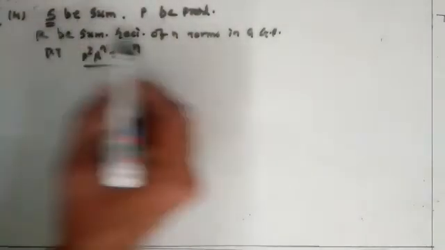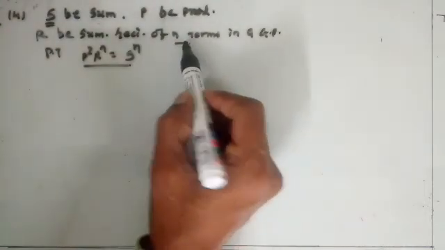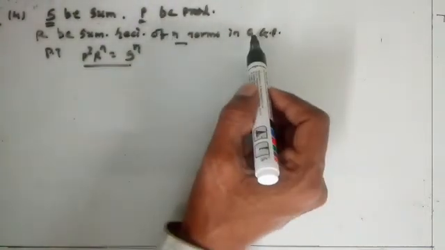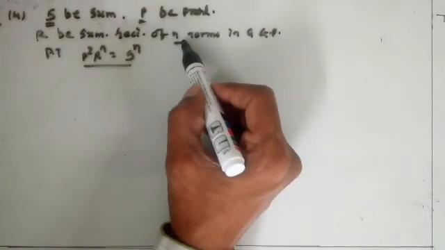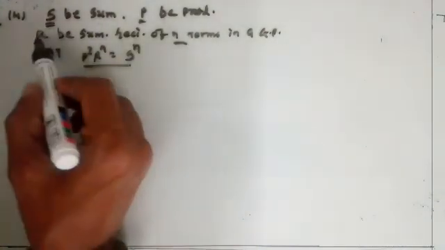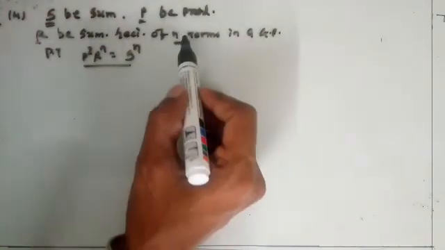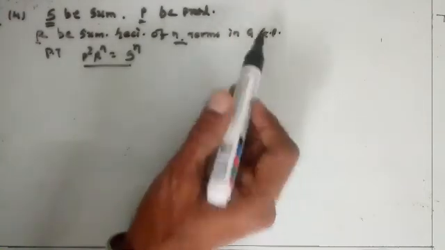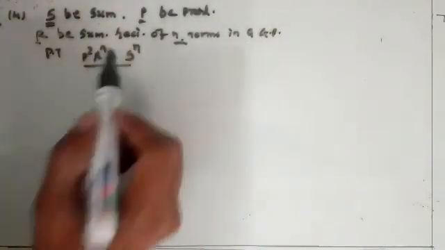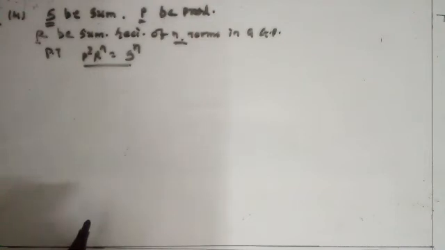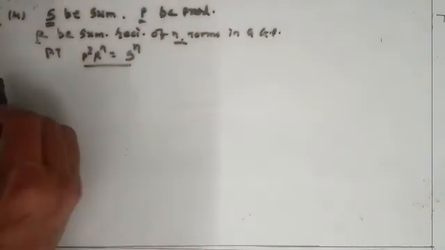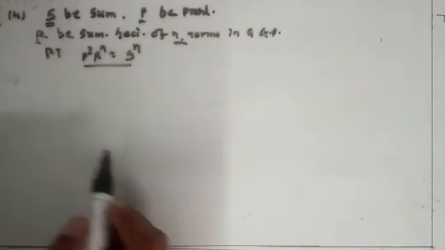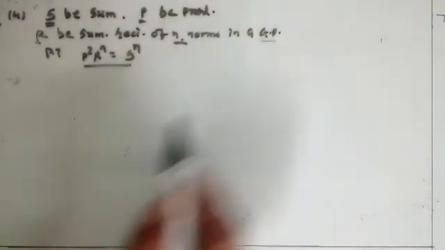Here S is the sum of n terms of the GP, P is the product of n terms of the GP, and R is the sum of reciprocals of n terms of the GP. Then prove this: P squared into R raised to n is equal to S raised to n. Here a geometric progression is given.